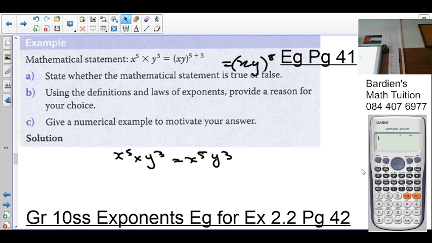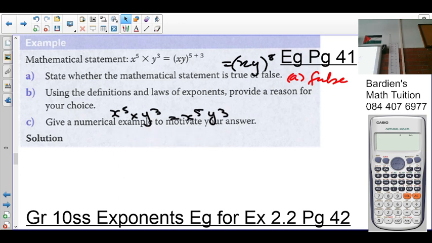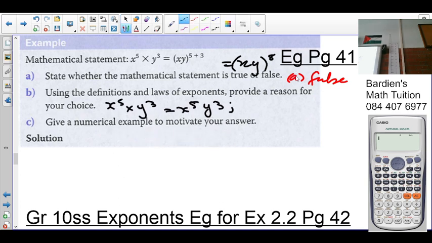So the answer to A, of course, is false. B: using the definition and the laws of exponents, provide a reason for your choice. Firstly, that is what it should be. So what is the rule? The rule says when bases are the same, we multiply, we add the exponents.